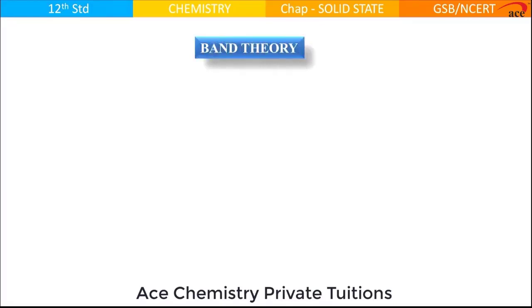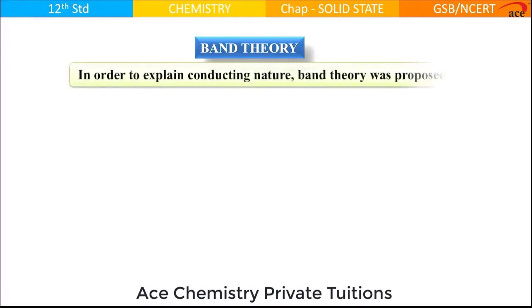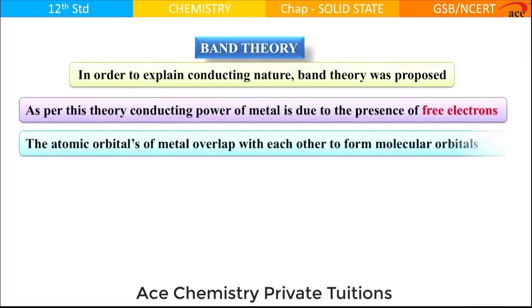Now, the entire concept of electrical conductivity is based on band theory. What is band theory? Band theory is based on free electron concepts, and in this atomic orbitals of metal come together to become molecular orbitals.